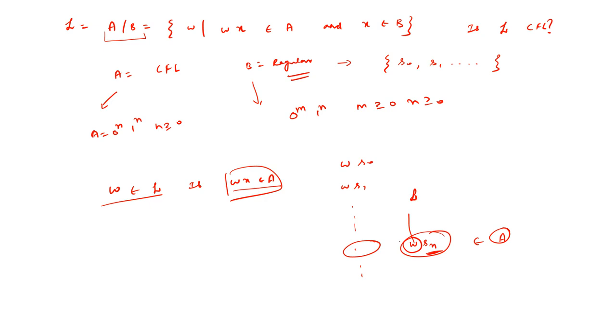Got it? Now the question is, if you construct such a language where A is context free, B is regular, and you apply the slash operator, is this L always context free? That is the question. Trivially, if epsilon belongs to B, then this is trivially context free.